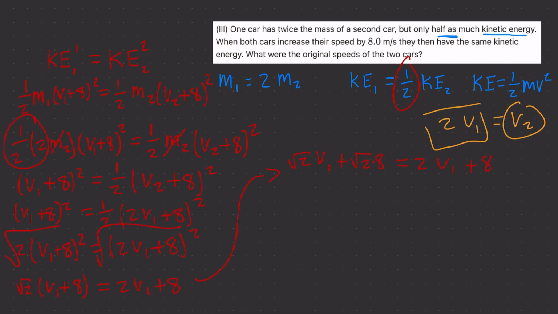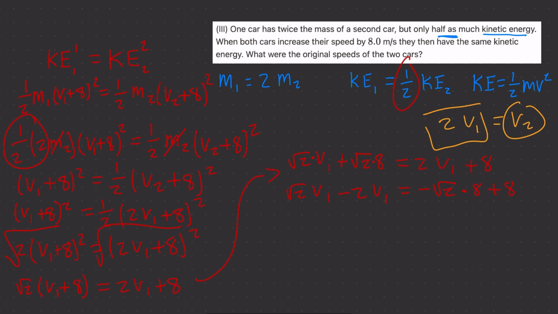All right, so that's a multiplication sign right there, just in case we weren't sure. I can move my V1s to one side, and my constants to the other side, and that's going to be root 2 V1 minus 2V1 is equal to negative root 2 times 8 plus 8.